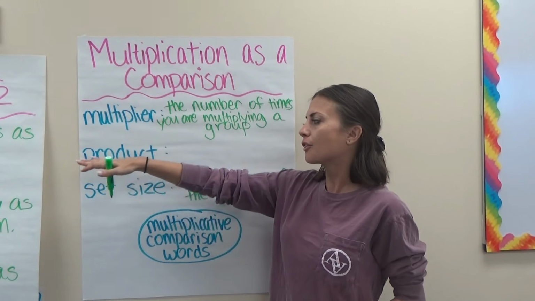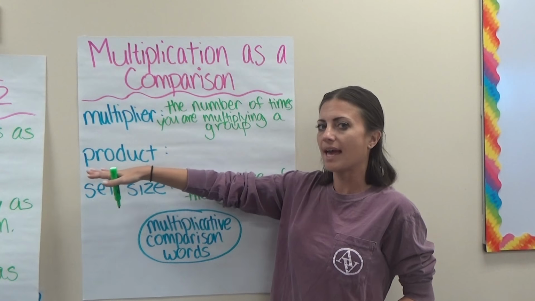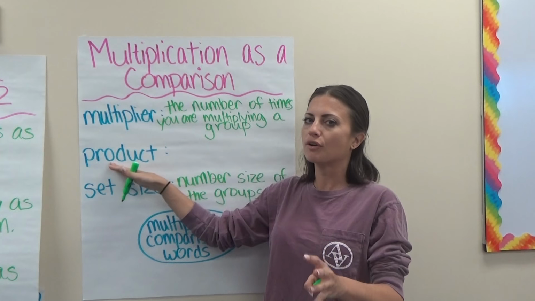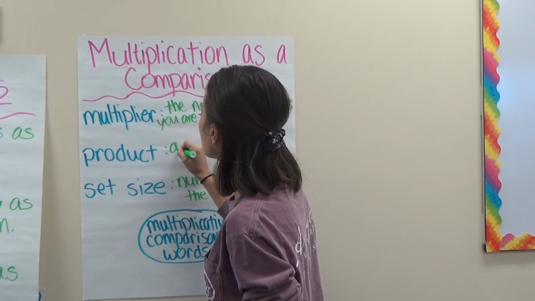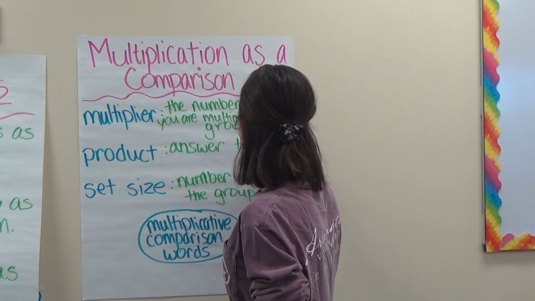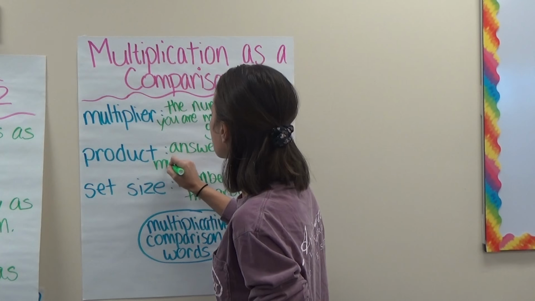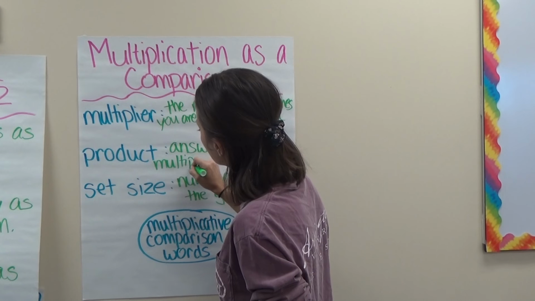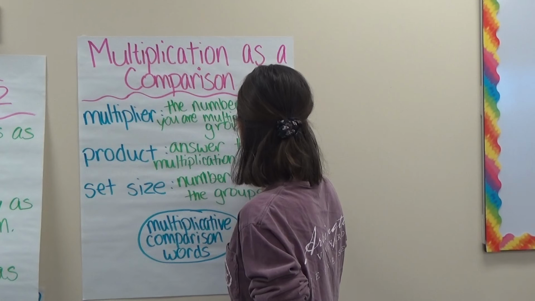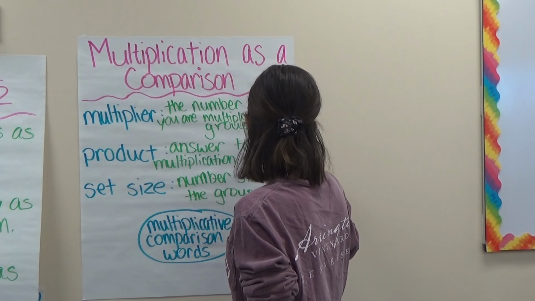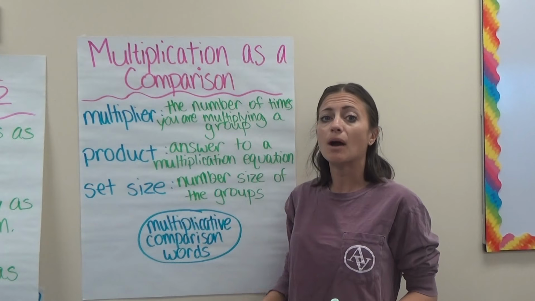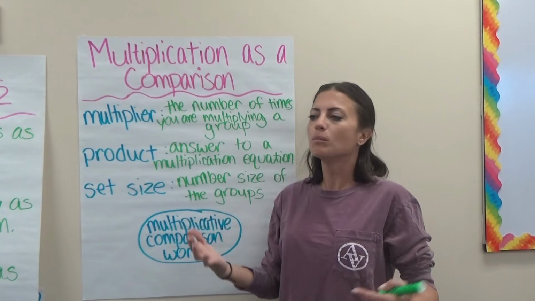But lastly, our third piece of any multiplication equation is the product. The product, we should already know this, but the product is our answer to a multiplication equation. So those are some of our key terms when we're talking about an equation for multiplication.